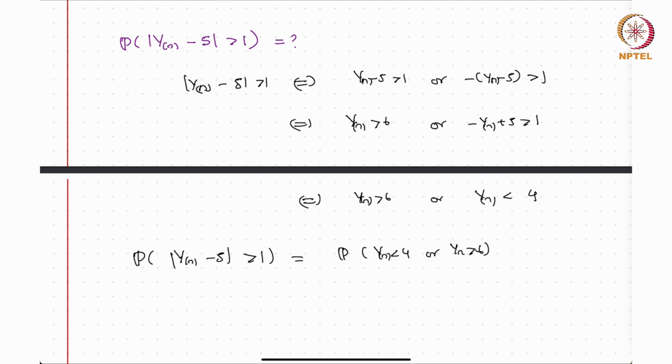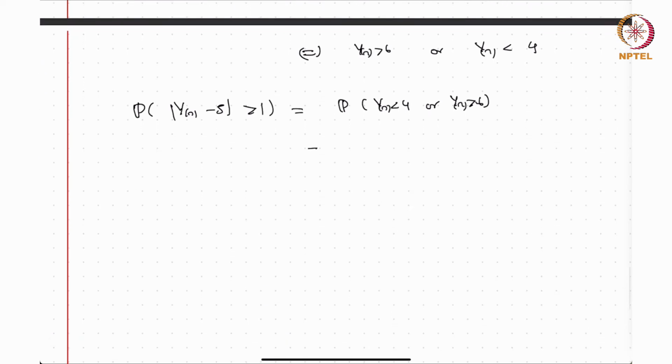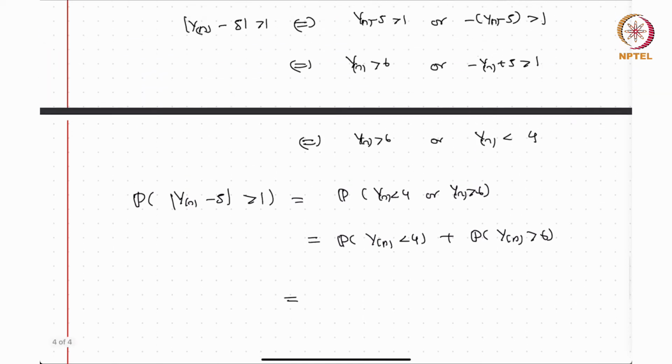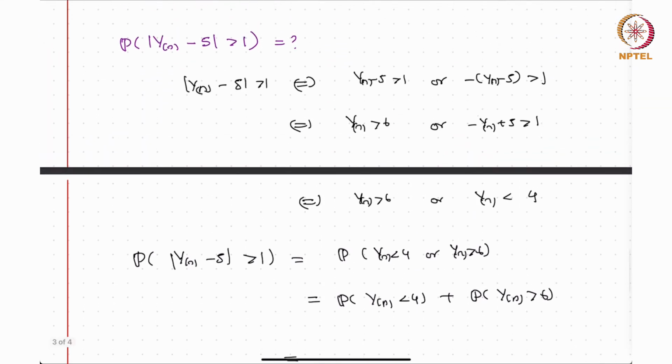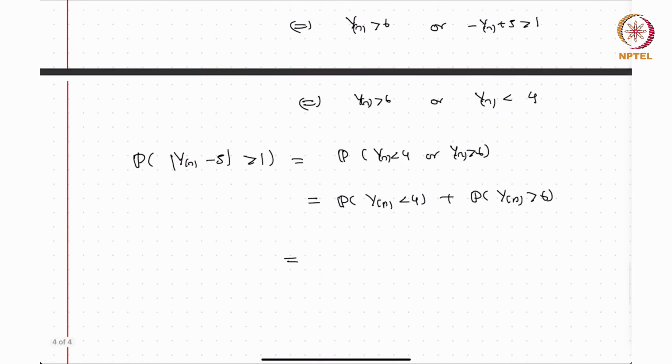So I do this, and that's the same as the probability that yn is less than 4 plus the probability that yn is at least 6. You know the density of yn, so the distribution function of yn is just F_Y to the power n.